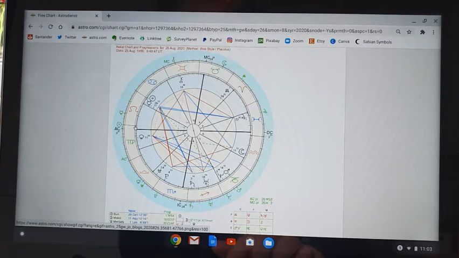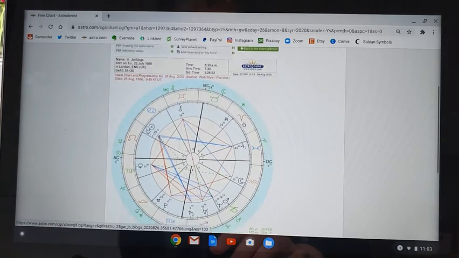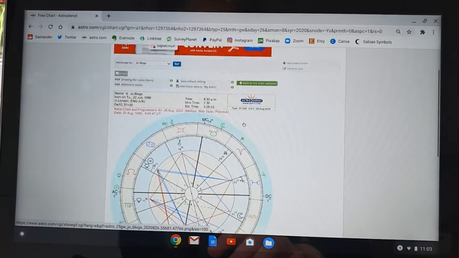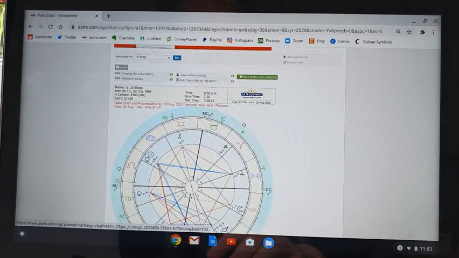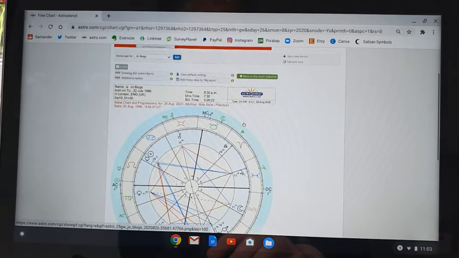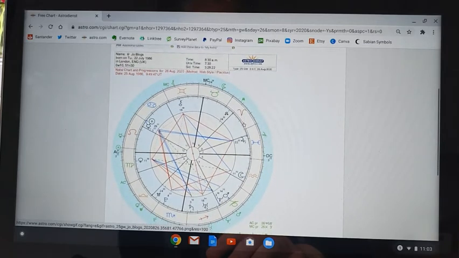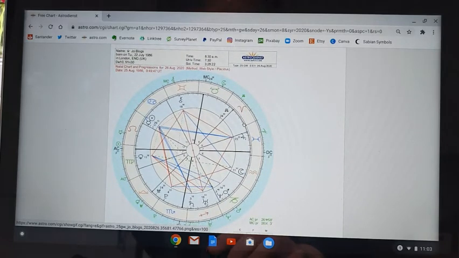And at this stage in her life today, she is 1 degree Virgo. So she's already been through 3 signs, and she is 34 or 35, born 1986. I literally cannot figure out quickly how old she is.